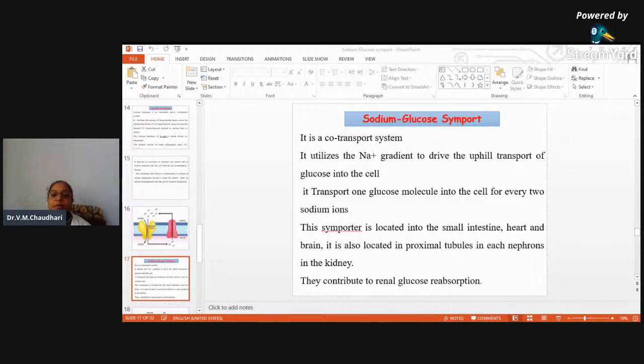It is actually very simple, and if you learn the diagram, you will be able to write the description. There is no problem.